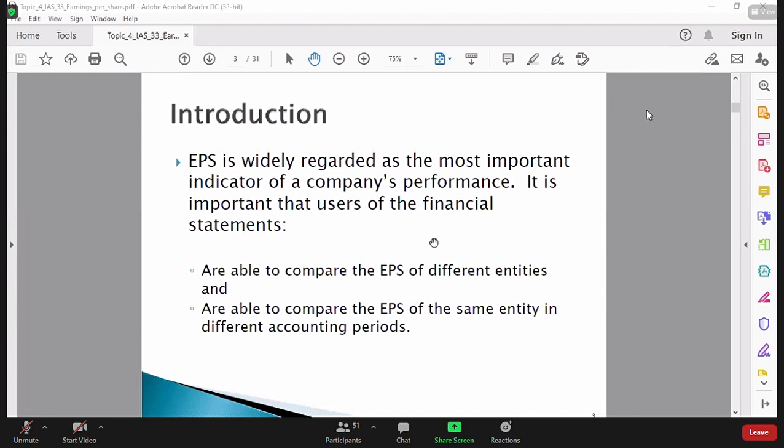If let's say you come up with that, at the end of the recommendation too, if let's say you do not recommend your friend to invest in the same boat, what you should do is to calculate EPS on the Nike, and then maybe you recommend that, so then you will get more marks, and are able to compare the EPS of the same entity in different accounting periods.